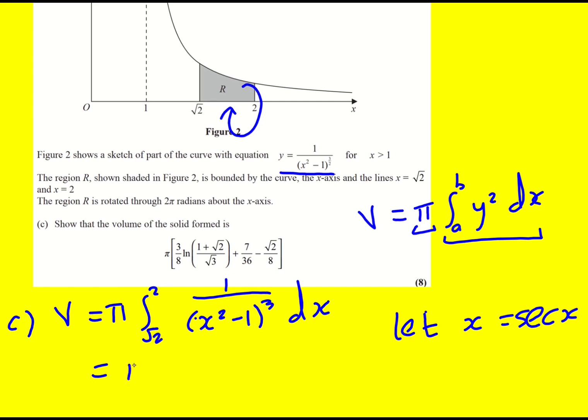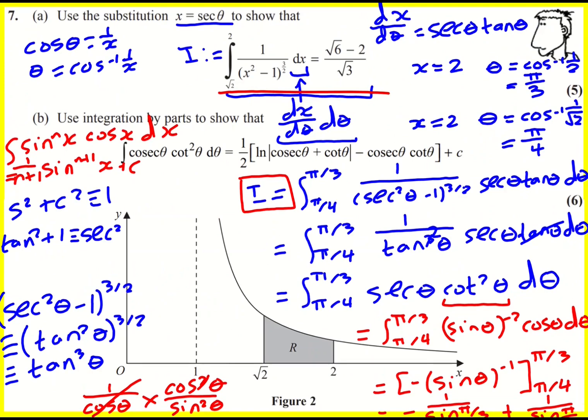And what is going to happen is we're going to get pi integral from pi over 4 to pi over 3. And then just moving back up here, let me just highlight the bit we got to. This bit here, I just need to get rid of the divided by 2. So it's going to be 1 over sec squared minus 1 to the power 3.